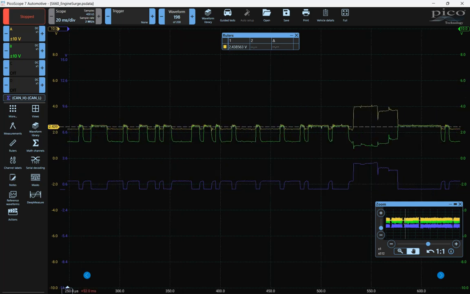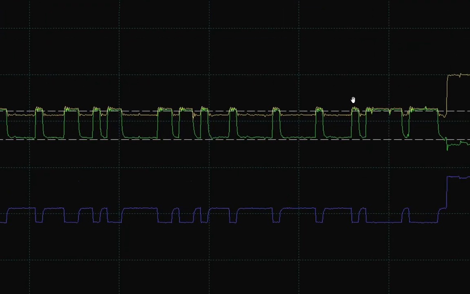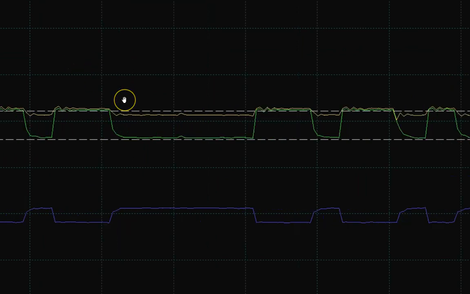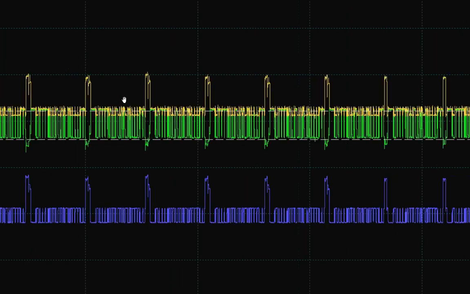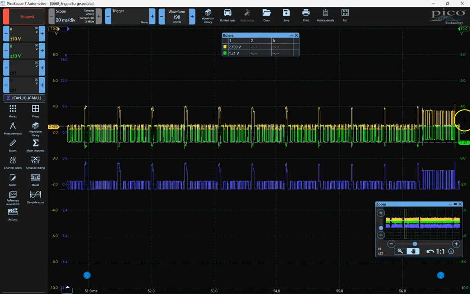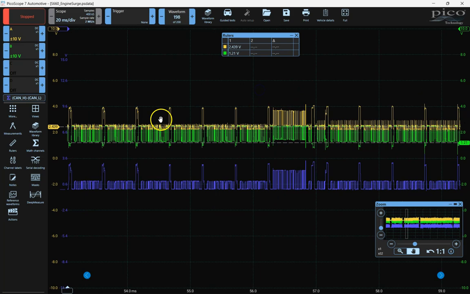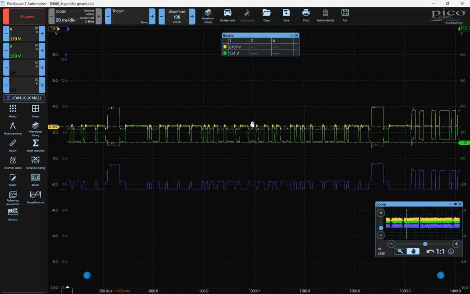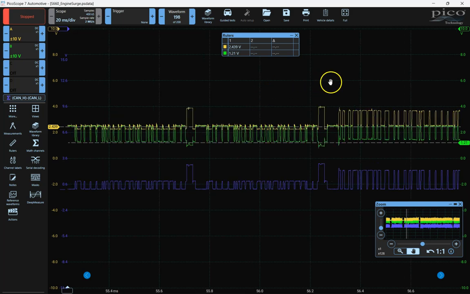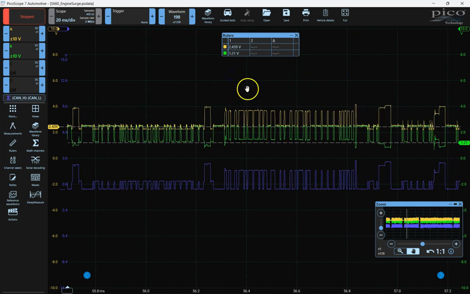As we look at each of these bits, we can see that we're able to drive CAN low down to the dominant bit state, but CAN high is virtually staying up around 2.5 volts. This machine does have active termination.